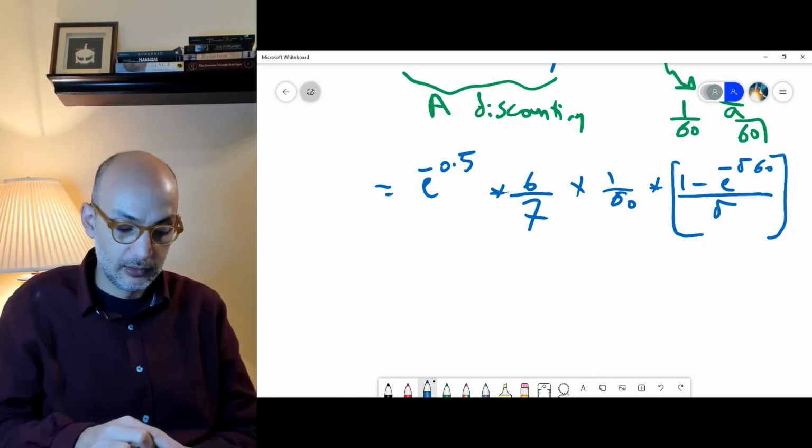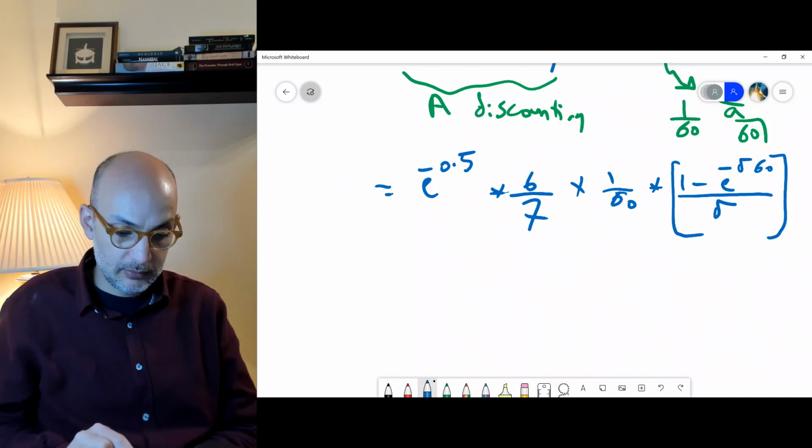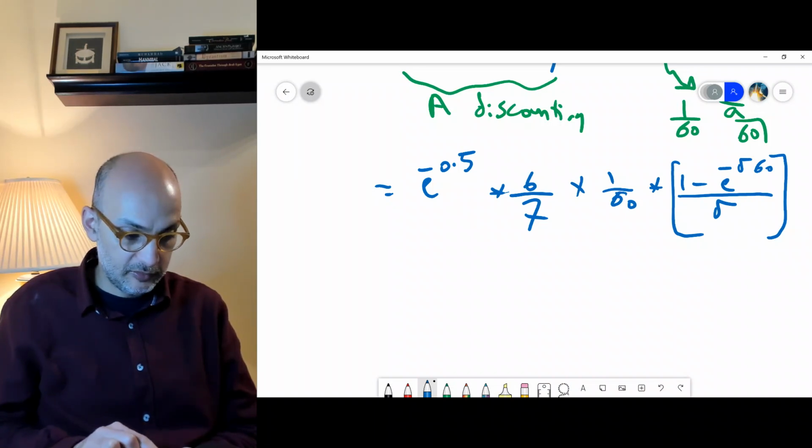1 minus e to the minus delta, 0.05 multiplied by 60, divided by 0.05 divided by 60, and multiply by 6 divided by 7.